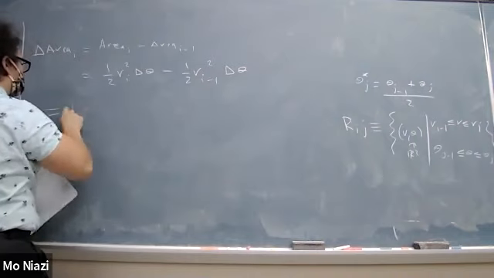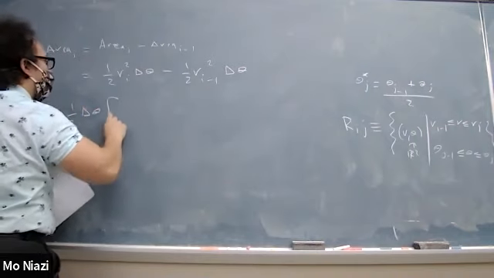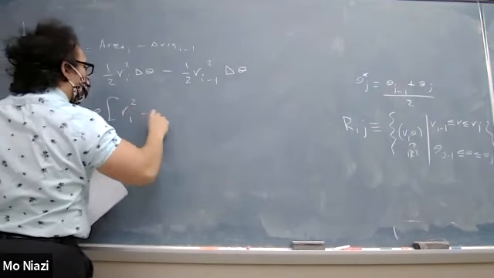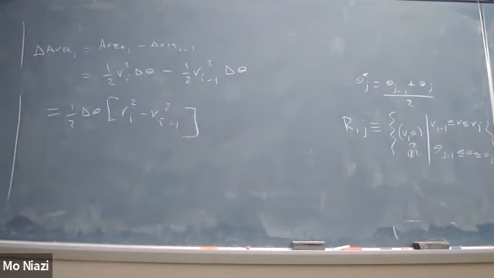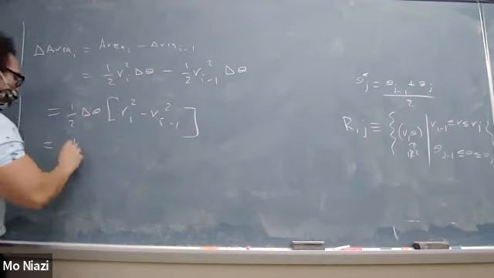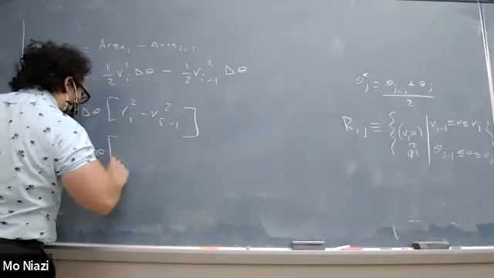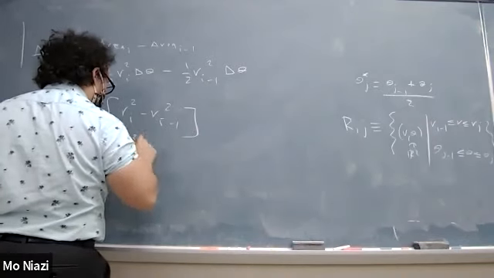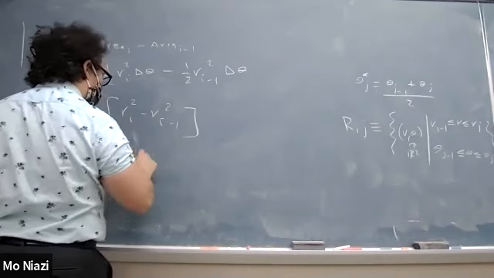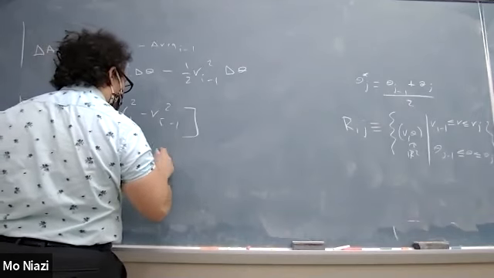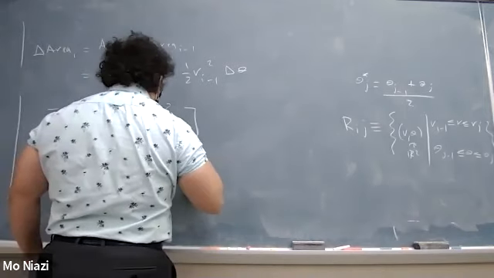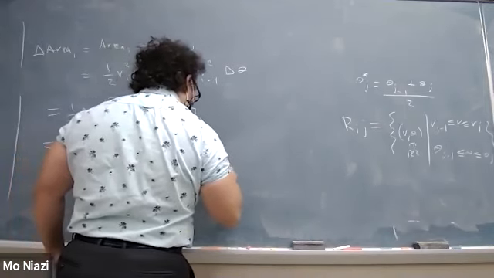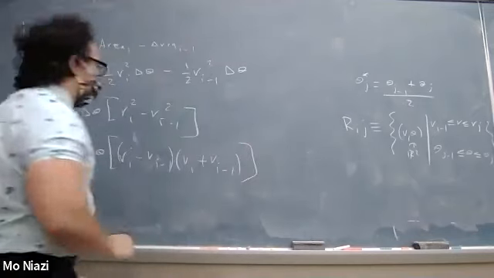I can factor out a 1/2 delta theta to get... Oh, but notice that this breaks down to Ri minus Ri minus 1 times Ri plus Ri minus 1. All right.